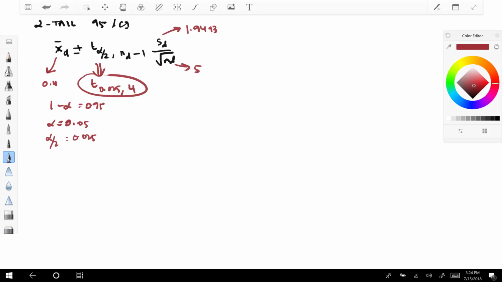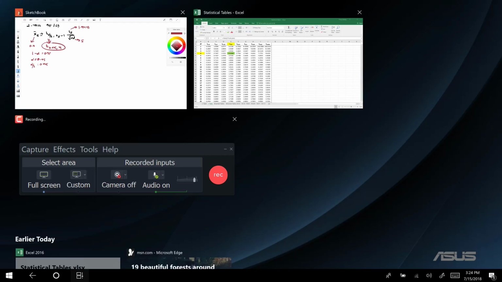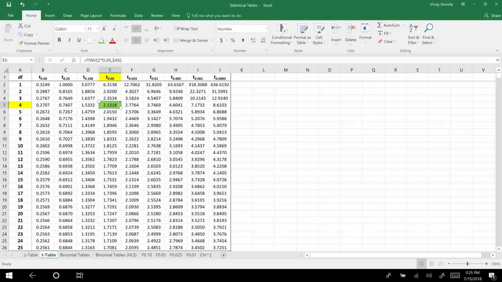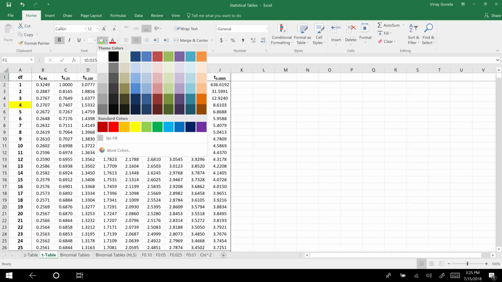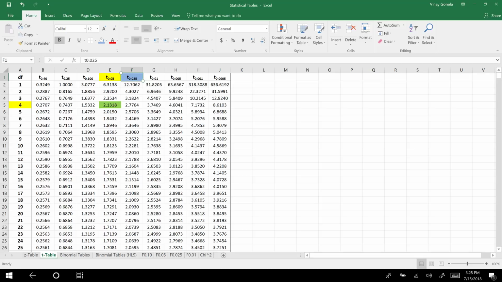So I will go to my sheet again and look for T 0.025 and 4. T 0.025 is this column, and 4 would be this row.